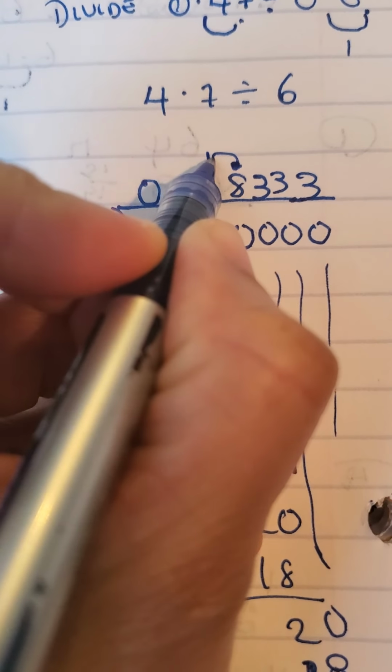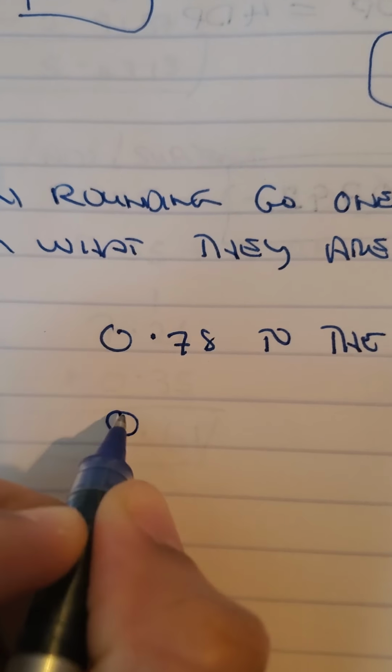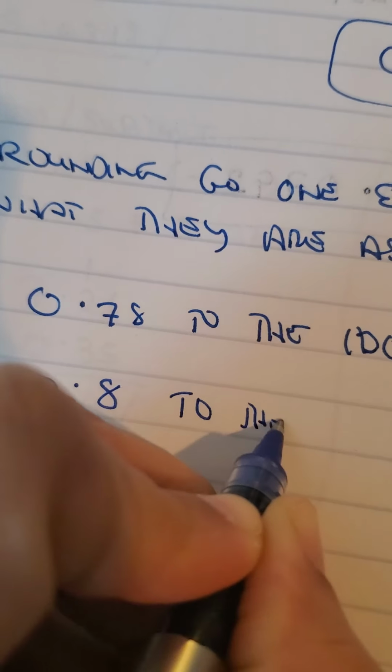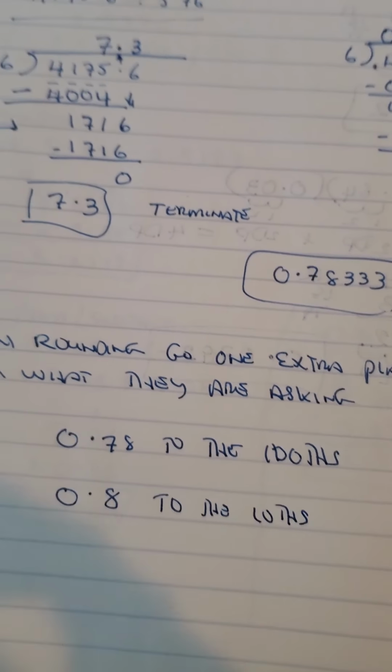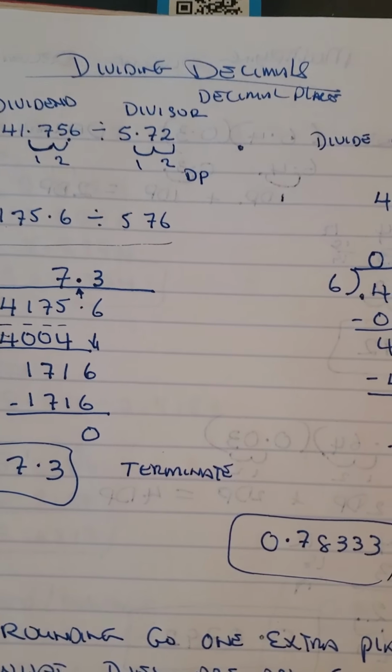That means this will be increased by 1. So if I'm rounding this to the tenths, it would be 0.8.